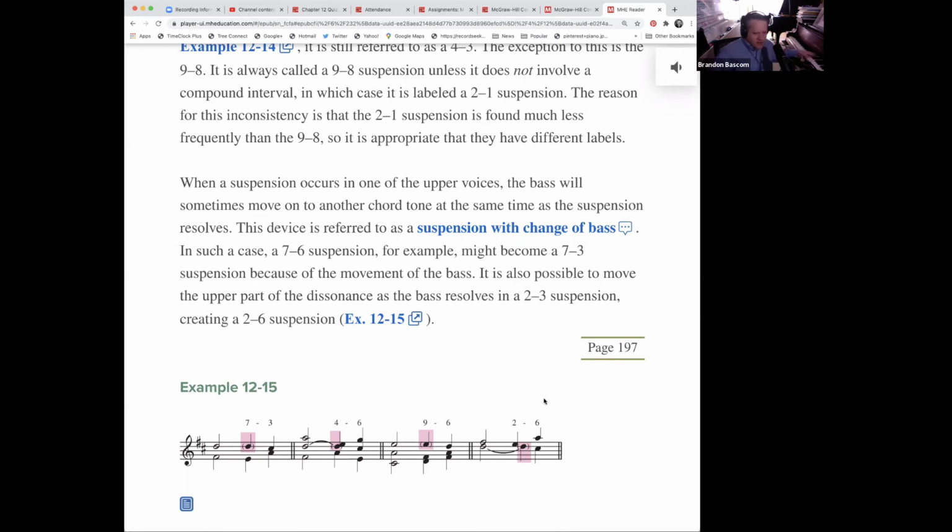So we have a 7/3, and we have a 4/6. And a 9/6. And then that 2/6. So I would not say always.